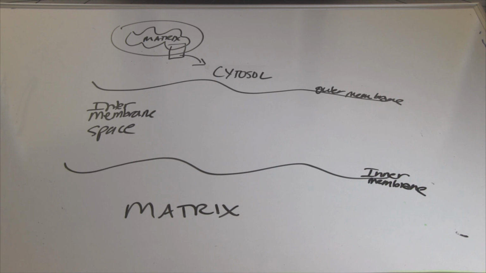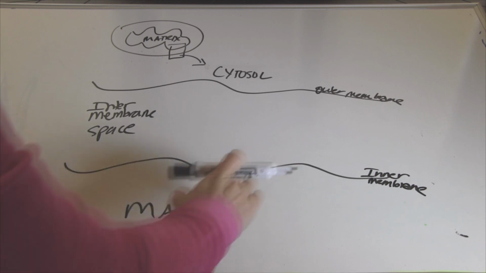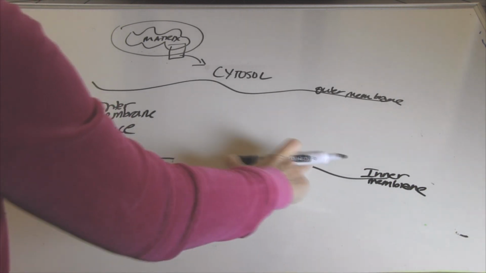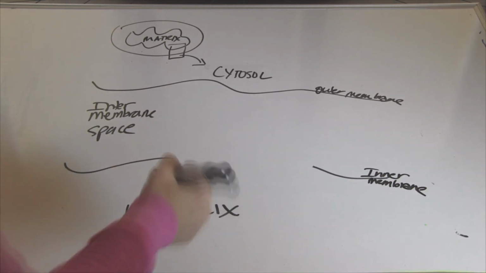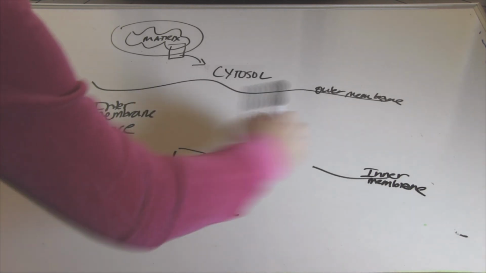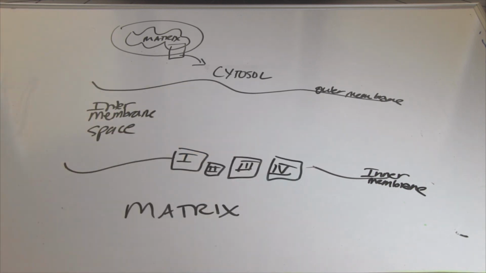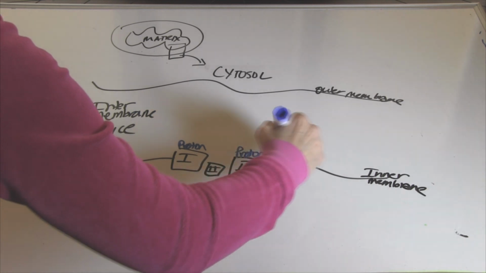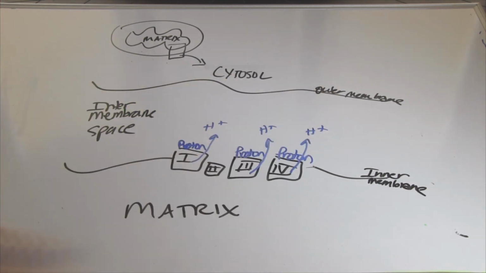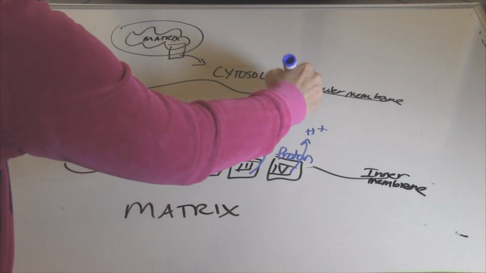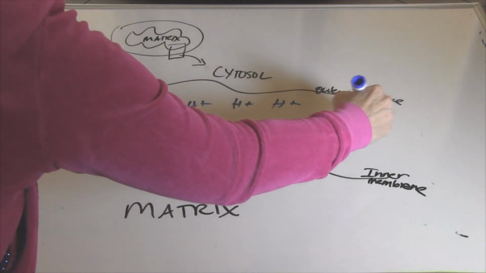This is where the ETS will take place, right here. The ETS is going to have 4 complexes, and of these 4 complexes, we will be pumping protons. Complexes 1, 3, and 4 are proton pumps. What they're doing is setting up a hydrogen ion gradient.